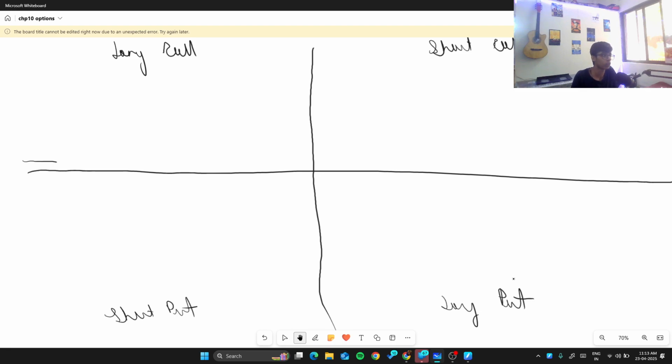A is our long call, and you know this payoff diagram: if the market goes up, we earn the profit. And the long put diagram, we also know. It is like this.